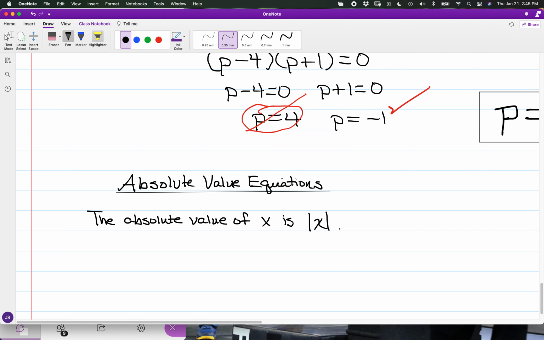And by definition, the absolute value of x is the number of integral steps that x is away from 0 on a number line.